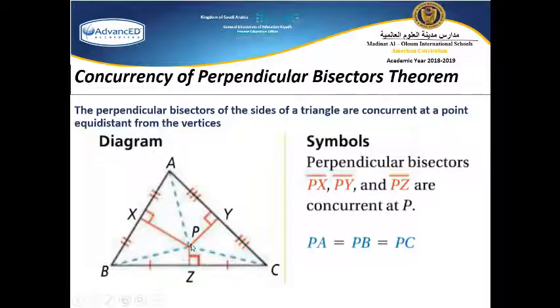The point of intersection of the perpendicular bisectors, or the point of concurrency, is equidistant from the vertices, and this point of intersection is called the circumcenter. All of them intersect at the point P, so PA equals PB equals PC.